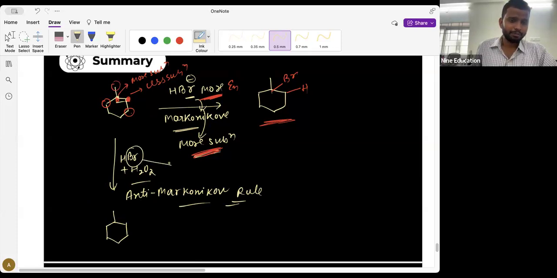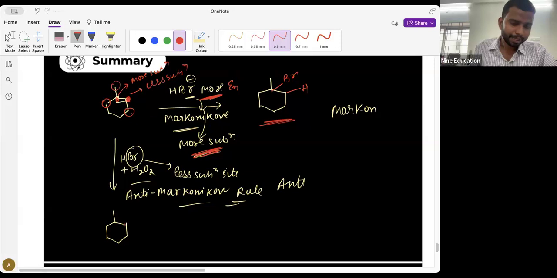This Br is more electronegative, will come at less substituted side. तो मार्कोनिकॉफ में बेटा और एंटी मार्कोनिकॉफ में ये Br माइनस कहां पर आता? लेस सब्स्टिट्यूटेड साइड, मतलब Br माइनस विल कम हियर एंड H विल कम, and opposite of this.